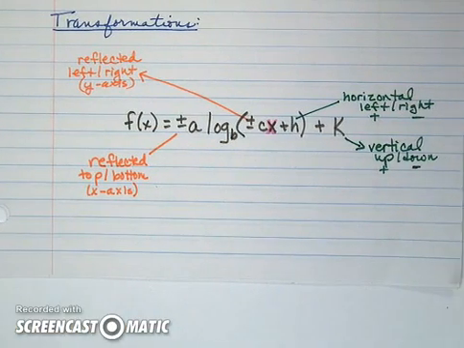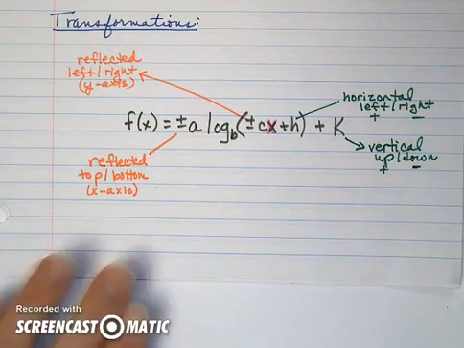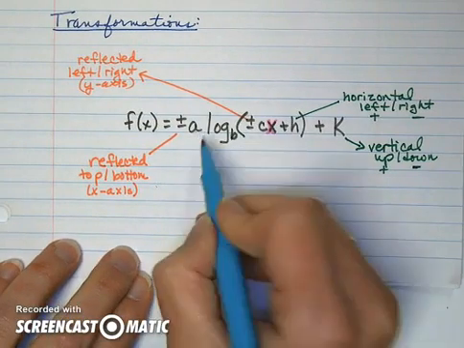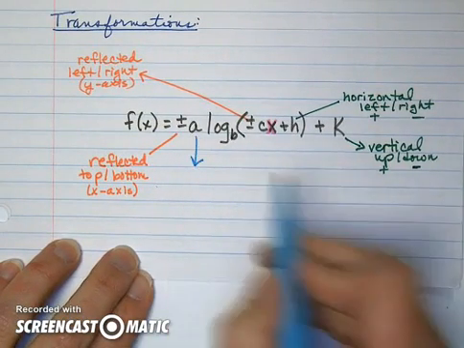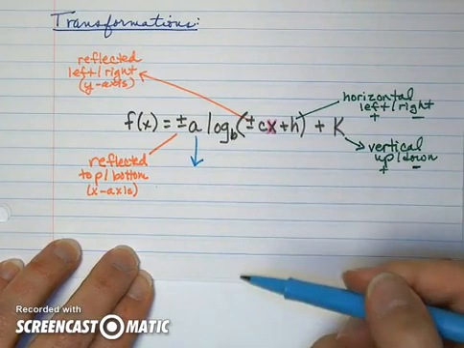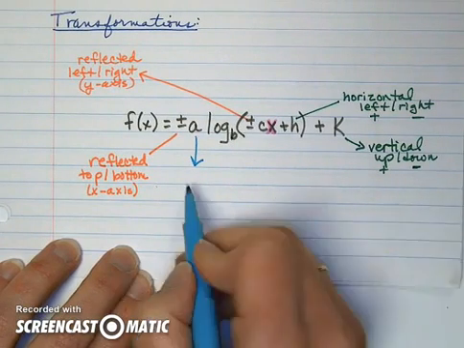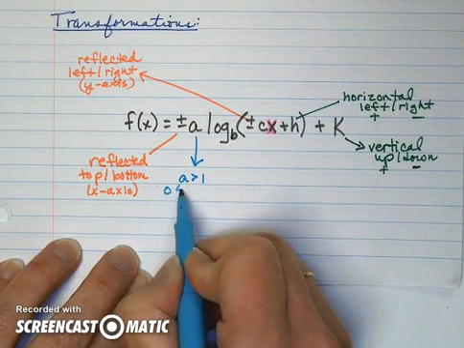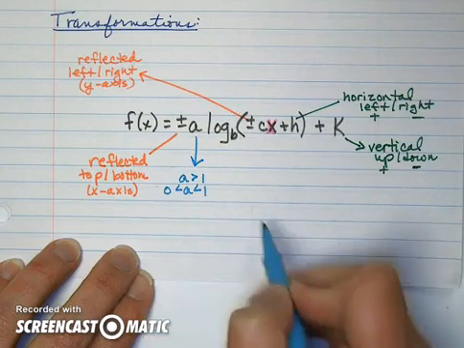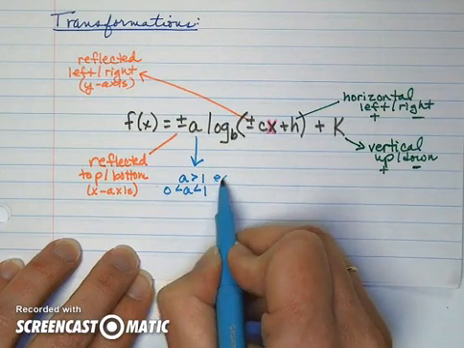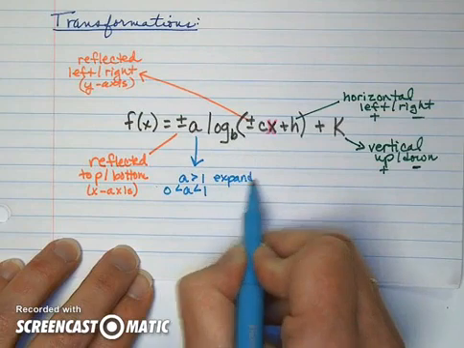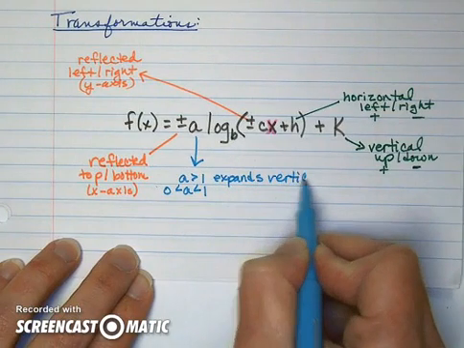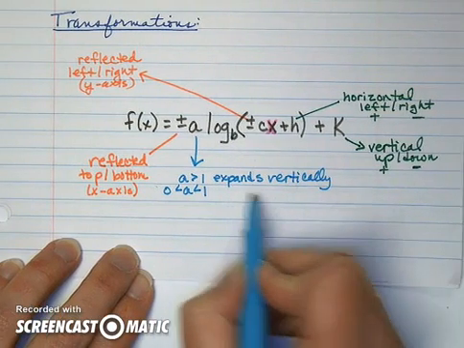Change colors again. All these bright colors. Let's do the little c and the a. We've got those down, right? If it's a coefficient in the very front, then we know that it's going to expand it vertically or compress it vertically. And remember, if a is greater than 1, this expands it vertically, and if a is between 0 and 1, this compresses it vertically.